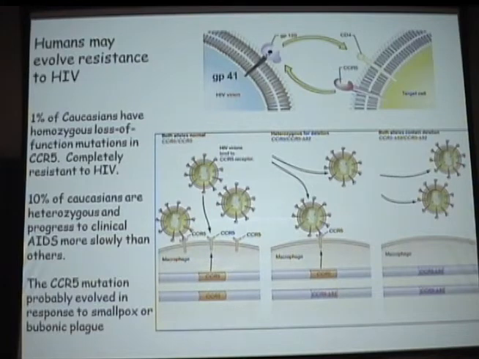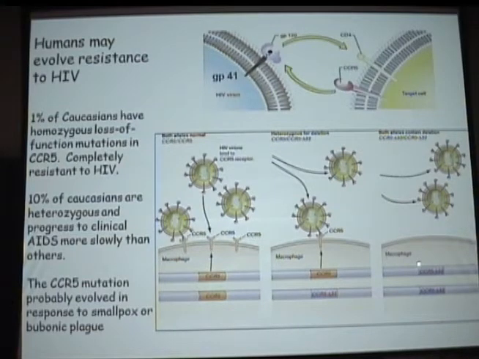If you have two bad copies, you have sickle cell anemia. Another good example that we haven't talked about is cystic fibrosis, which two bad copies of that gene causes, a terrible disease. One bad copy and one good copy causes no symptoms of cystic fibrosis and protects against things like cholera. So we didn't talk about that, but that's another good example.